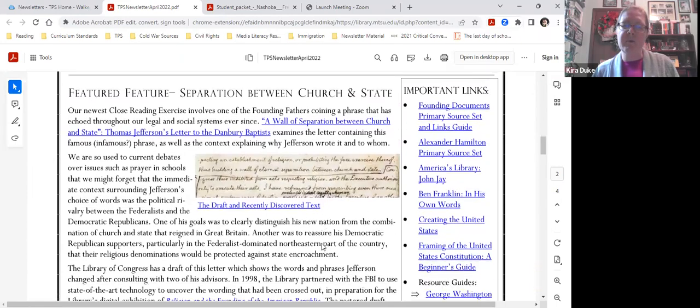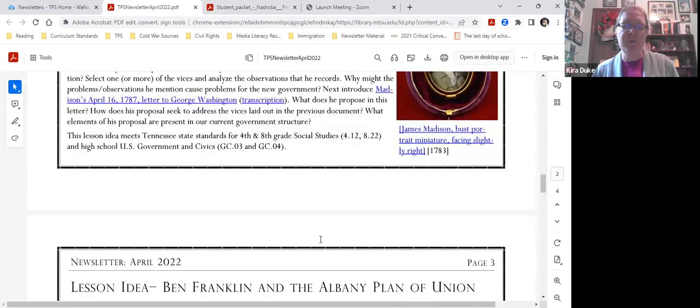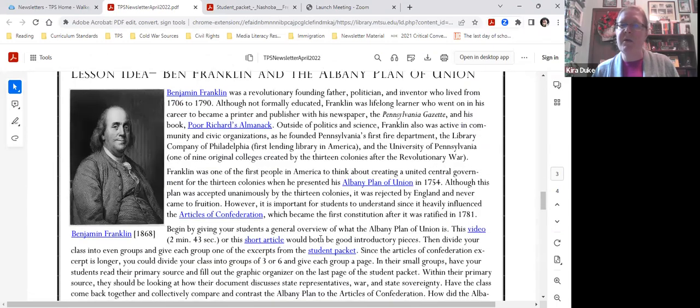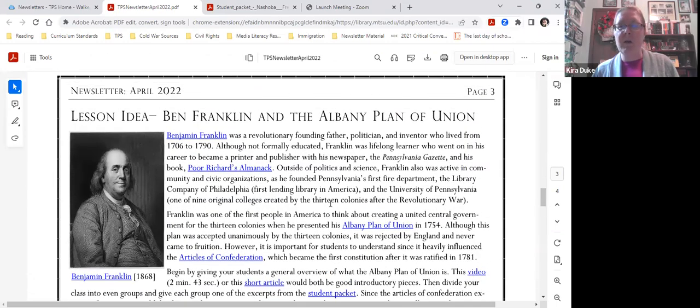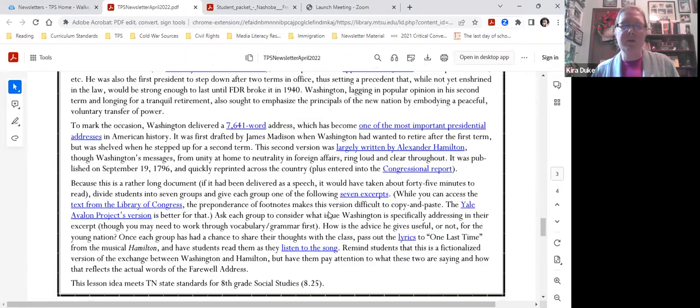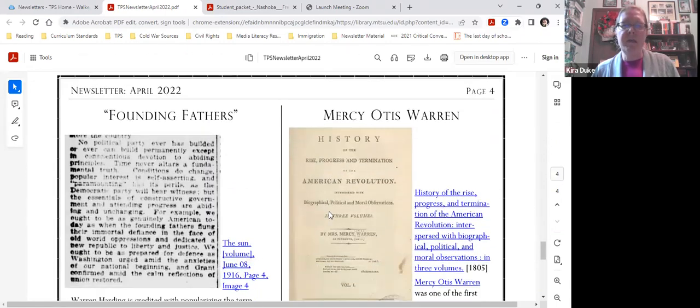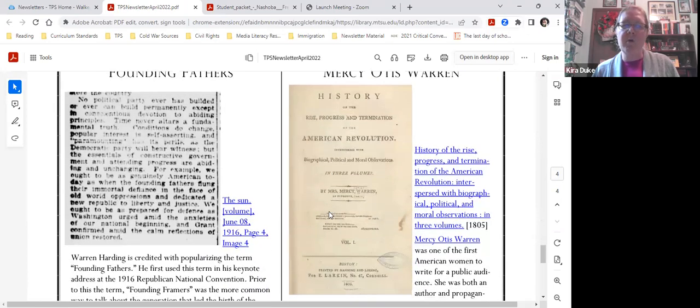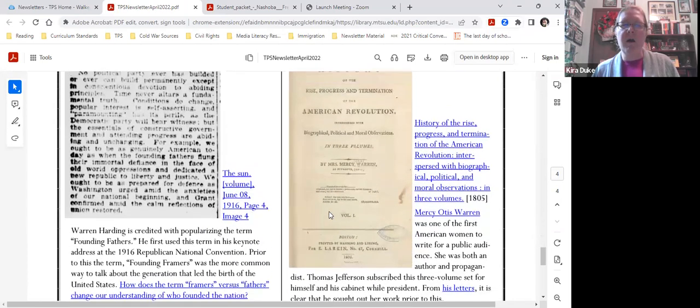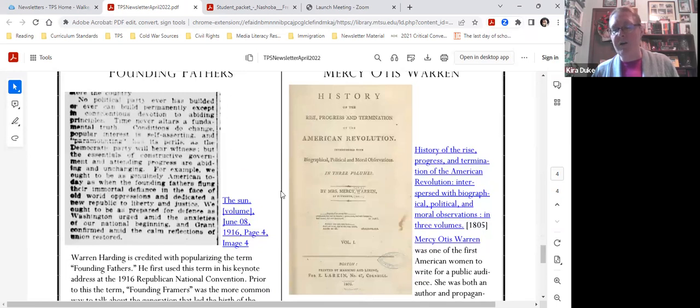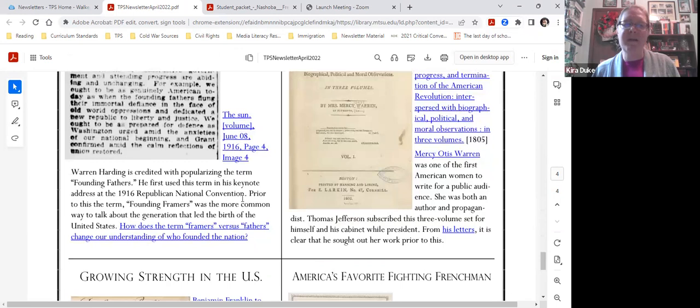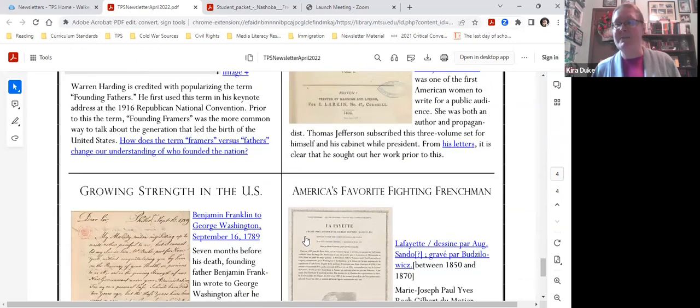Here again, separation of church and state, which was the inspiration for that close reading exercise, a lesson idea on Ben Franklin and the Albany Plan, and then George Washington's farewell address. And then you'll see here on the last page that there are 4 featured primary sources, including where the term founding fathers came up or developed from. It wasn't actually popularized and used until the early 1900s with Warren Harding, which I'm sure, for most of you, is probably a surprise, as it was a surprise to me when we were writing this.